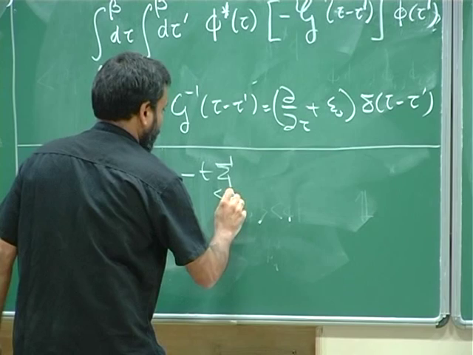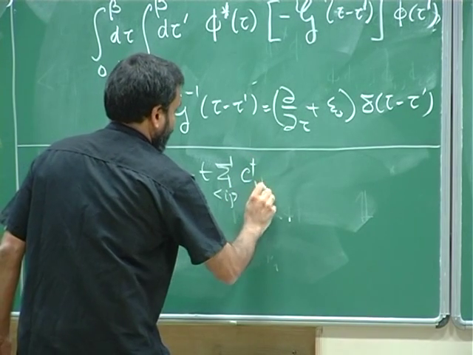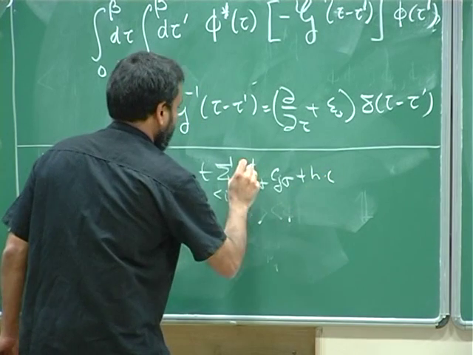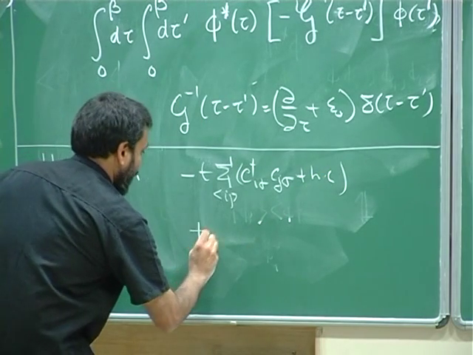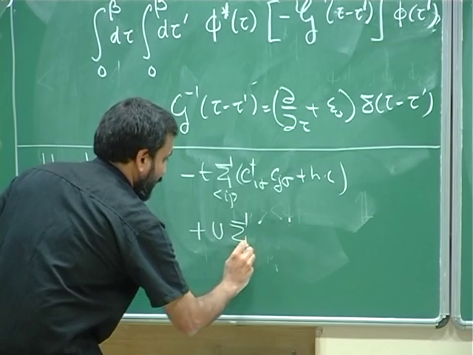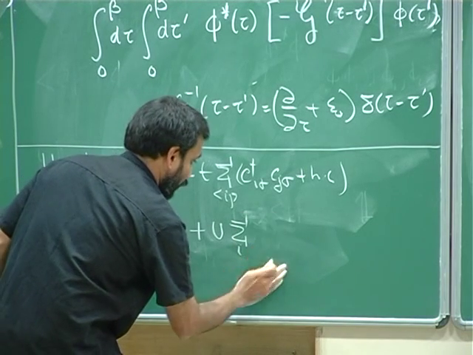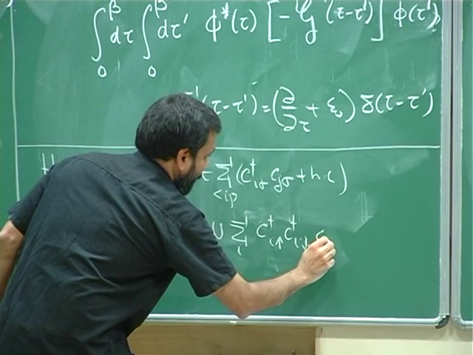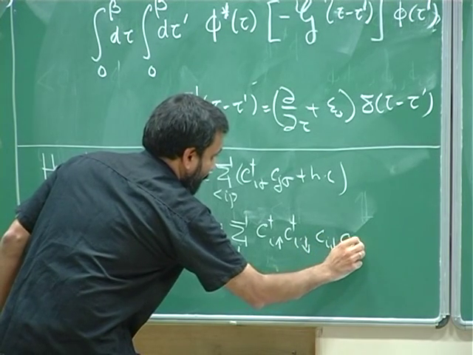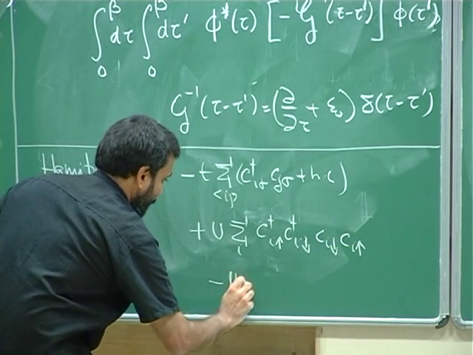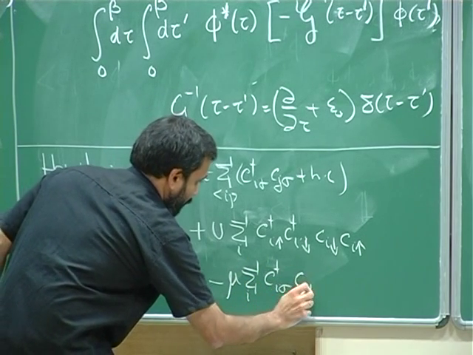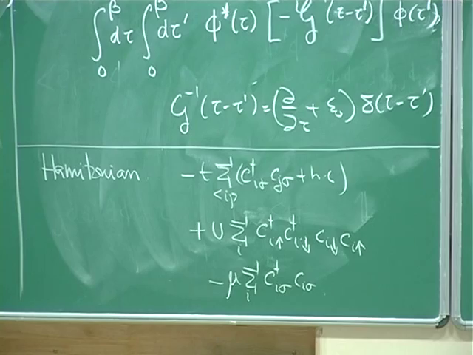I have some lattice, and I have the interaction, which is an on-site repulsion. Okay, so this is the Hamiltonian.